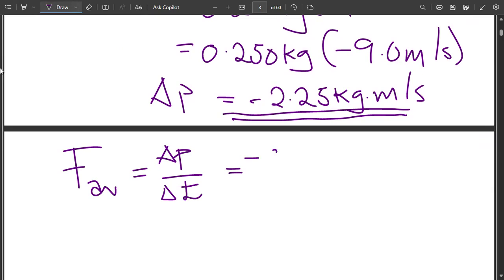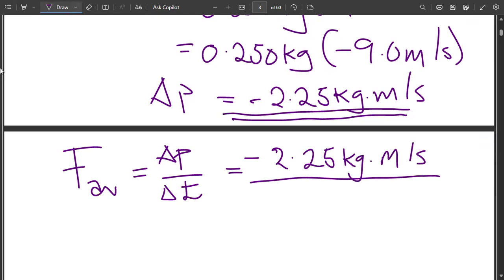The change in linear momentum is negative 2.25 kilograms meter per second, divided by the change in time. This is the time that the ball and the wall were in contact with each other, which is 0.0150 seconds.